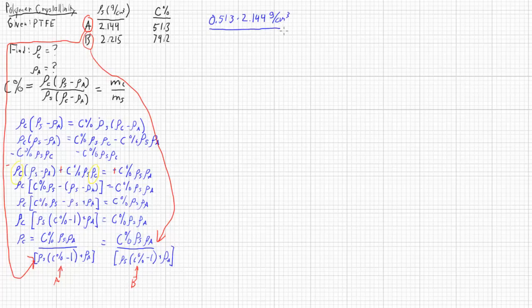All that is divided by the density of the sample again, times 0.513 minus 1, and then I'm going to add to that the density of A.